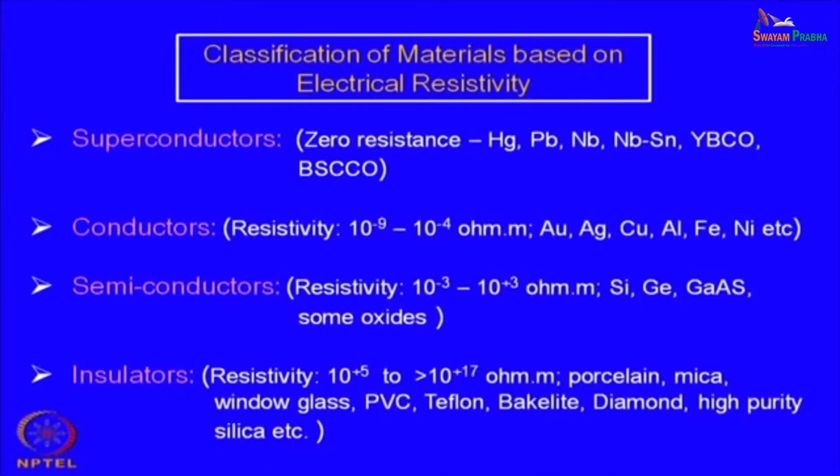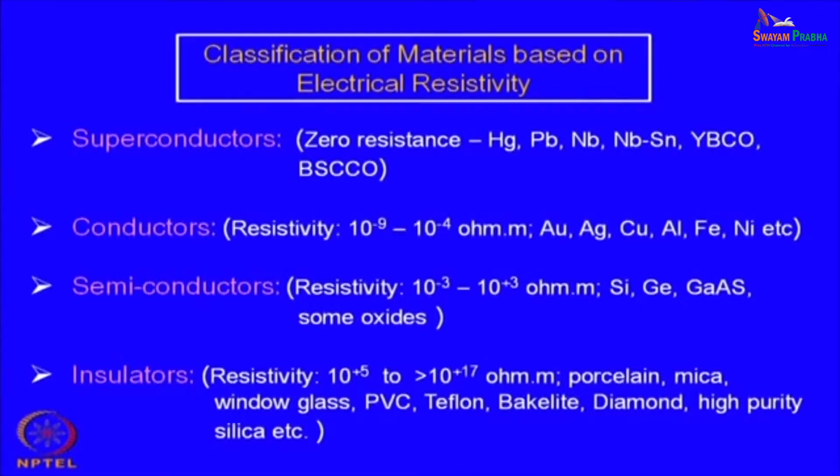The advancement in microelectronics came with the discovery of silicon as a semiconducting material, and there are very important properties which are utilized in the technological area. Without silicon we cannot think of a microelectronics industry today, the computer industry, controlling telecommunication and everything.